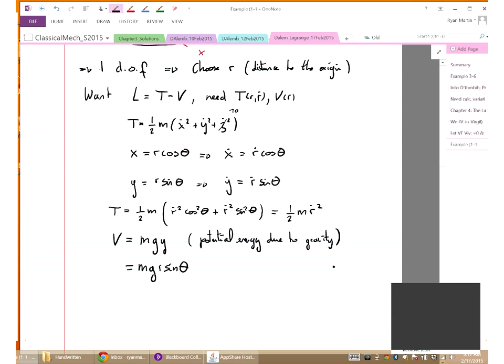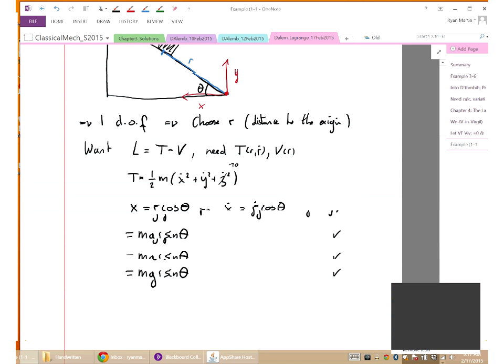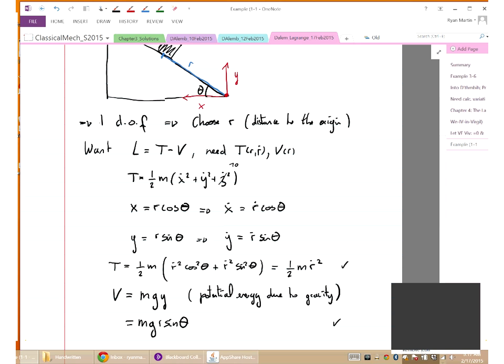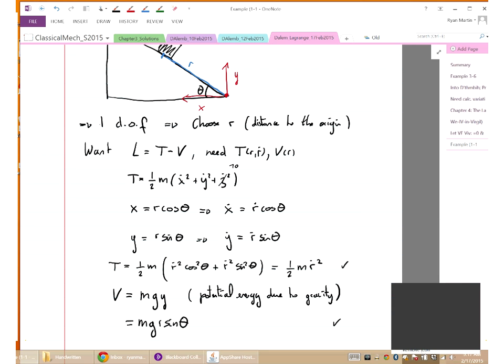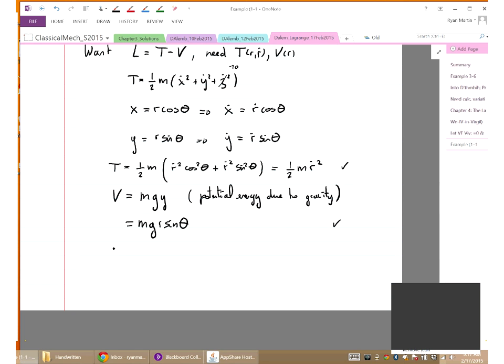Okay, so we're good. We've got T and we've got V. The only thing that's really missing for us is the right-hand side of the equation, the generalized force from the non-conservative forces, right?